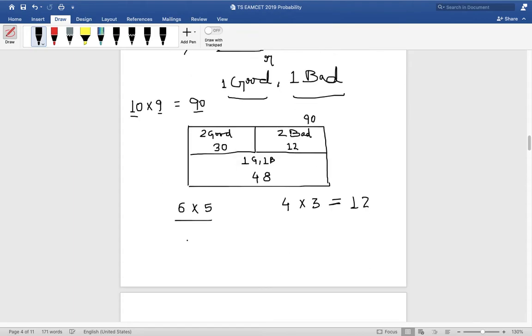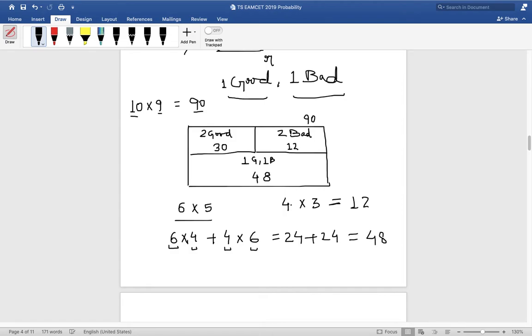You can also compute 48 in this way, 6 into 4 plus 4 into 6. How? I choose the first one as a good one and the second mango as a bad one, or I can choose the first one as a bad one and the second one as a good one. So this will be 24 plus 24, which is 48.